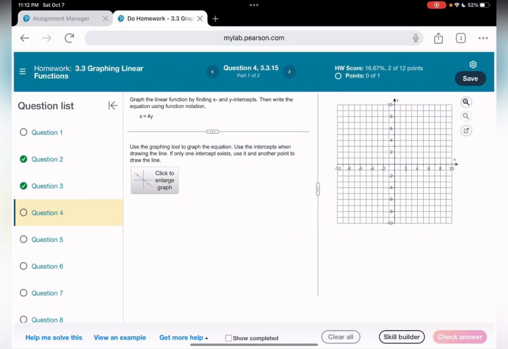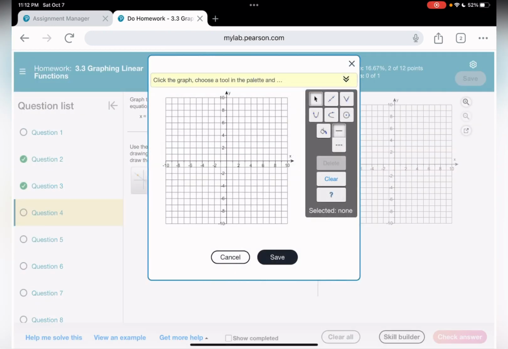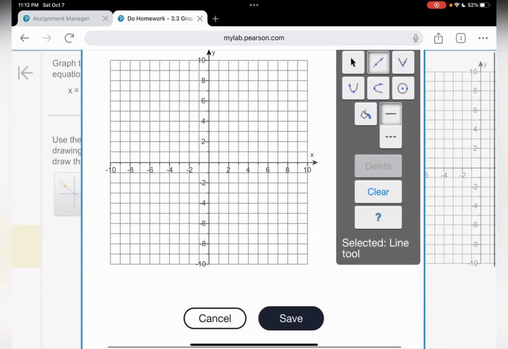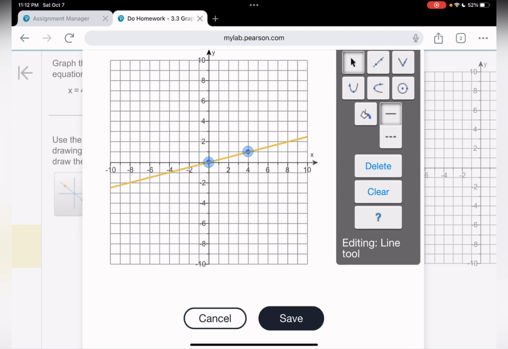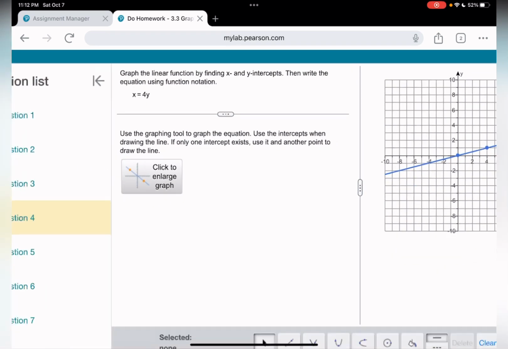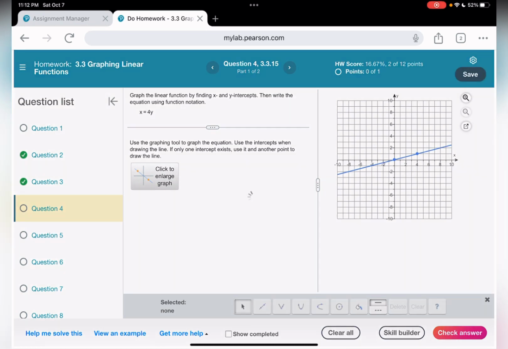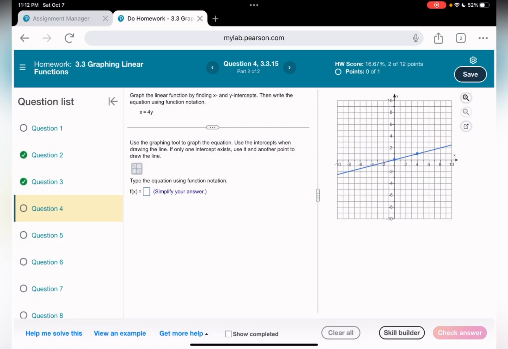Let's see. 0, 0, and 4, 1. Right here. Very good.